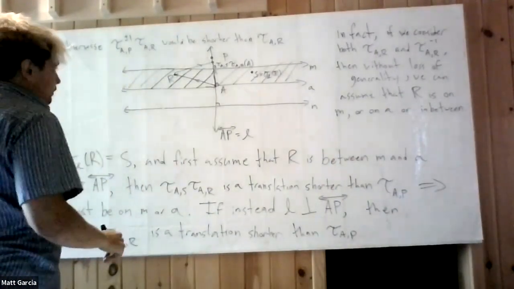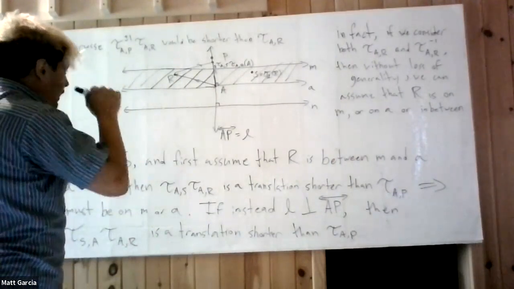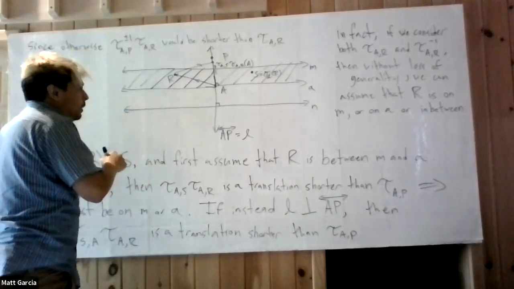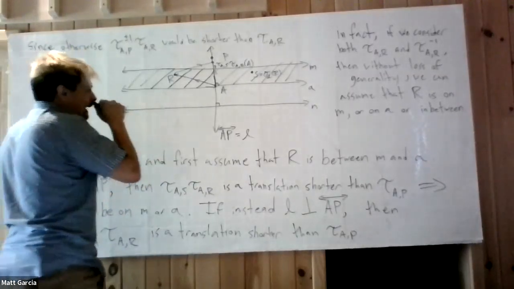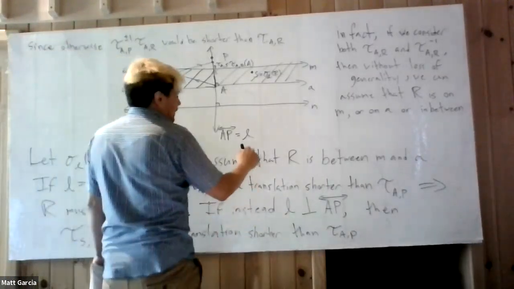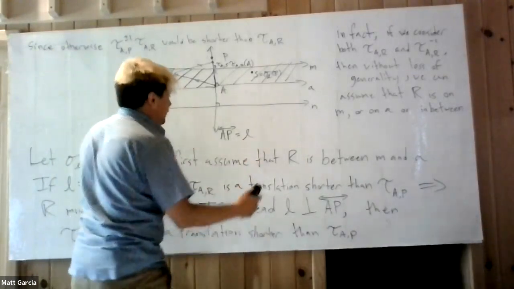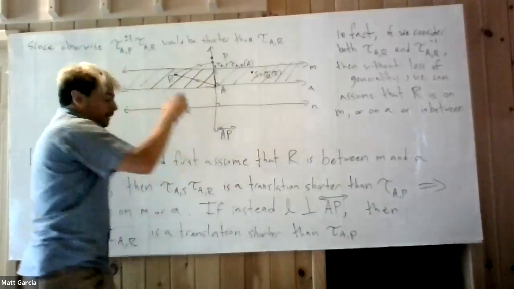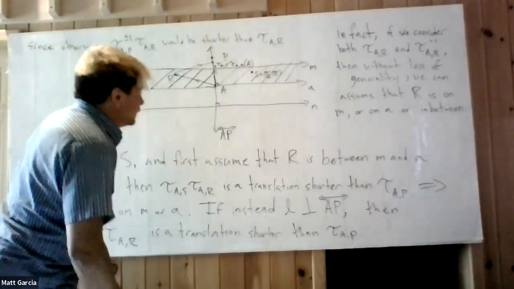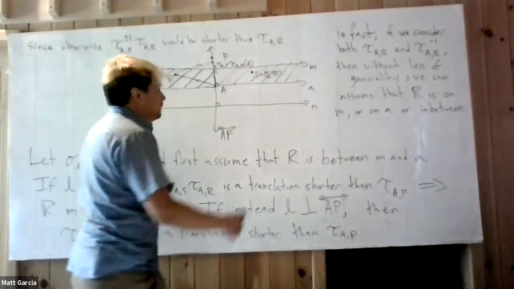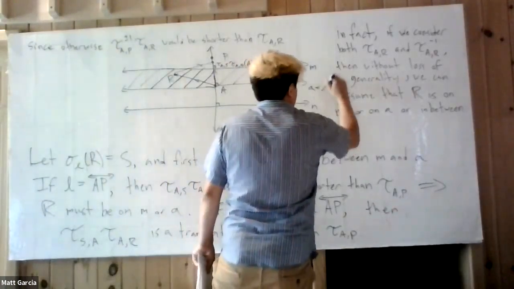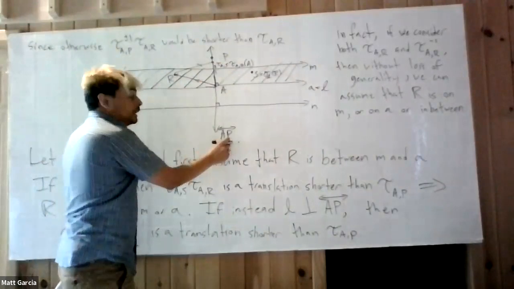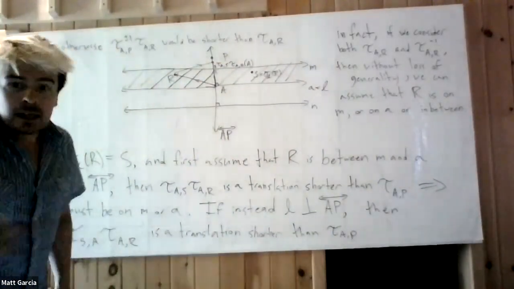So now let me modify my diagram again. We're no longer allowing the line through A and P to be equal to L. But let's say we now let the line L be perpendicular to AP.